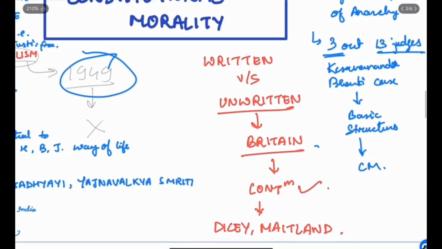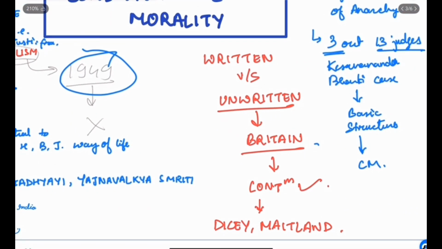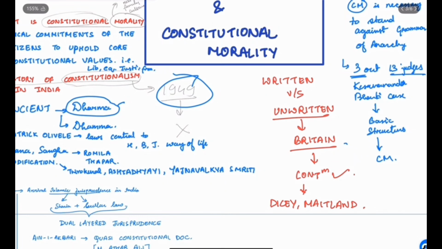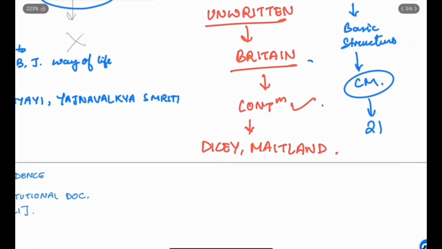So it was their argument, and based on this basic structure doctrine and the firm belief in constitutional morality, were the Supreme Court judges able to derive the expansive definition of Article 21, which led to judgments like Naz Foundation case on homosexuality, Navtej Johar case on homosexuality, and Indian Young Lawyers Association versus State of Kerala case, that is the Sabarimala case.